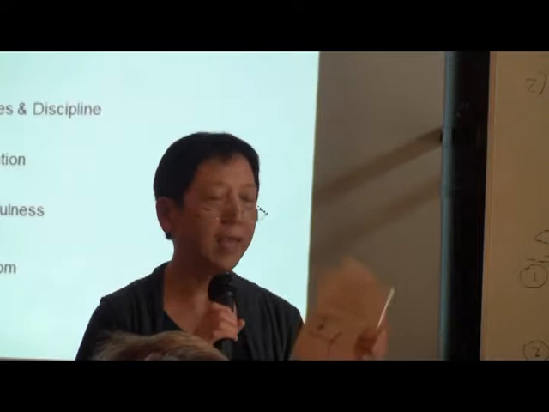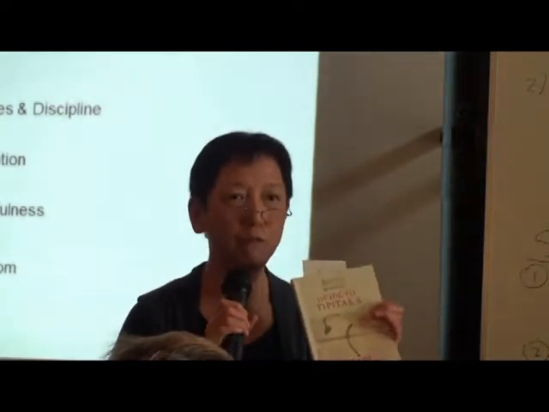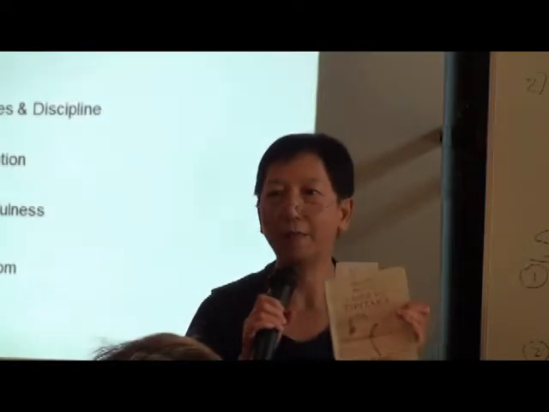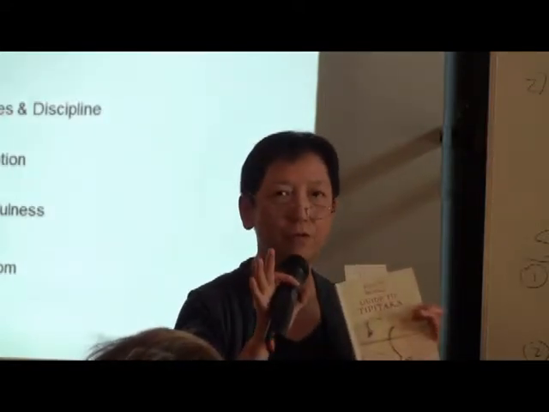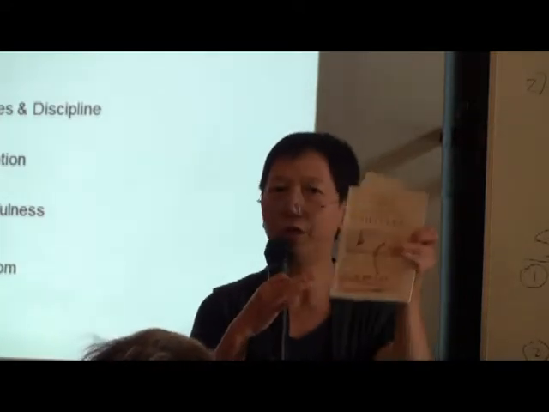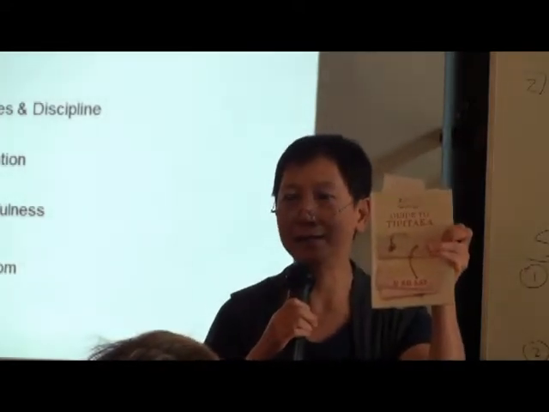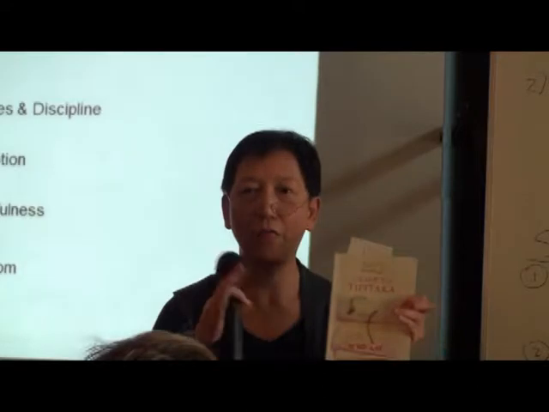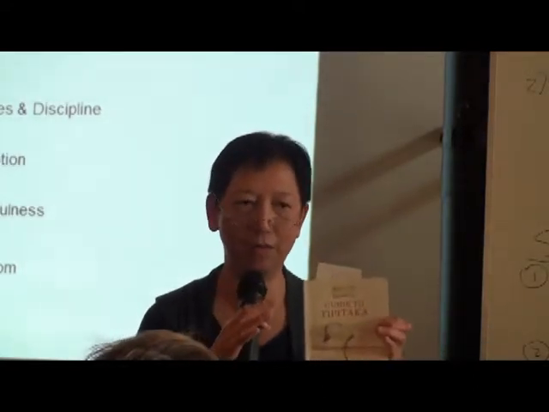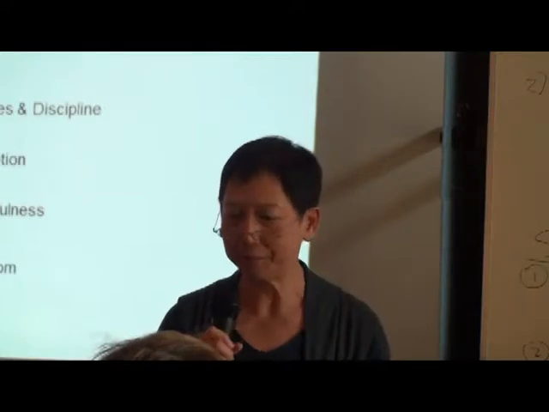Inside, it gives you the information of the Pali Canon. We know that the Pali Canon is made up of 3 baskets, what we call the Tipitaka. Ti is 3, and Pitaka are the baskets.